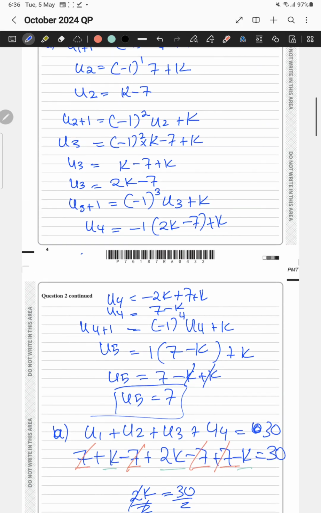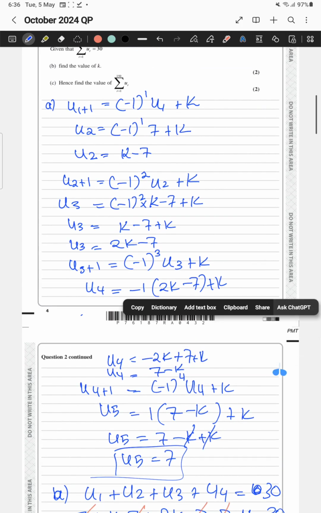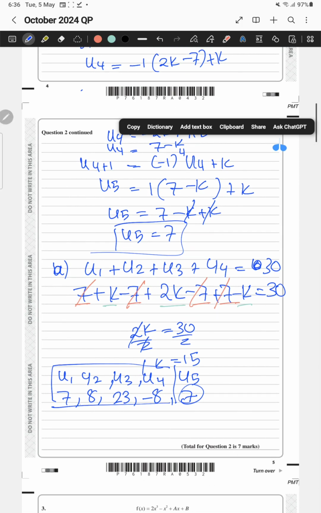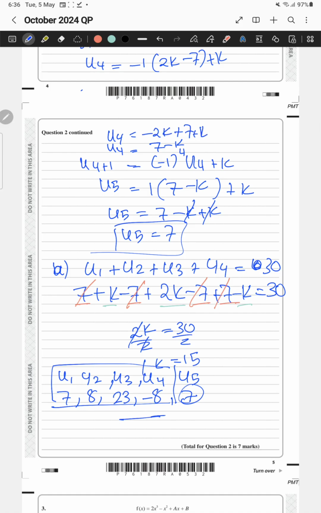They're asking for the sum till 150, so this will repeat until 150. Over here what we can do is divide the number of terms in the sequence by the order of the sequence, which is 4.